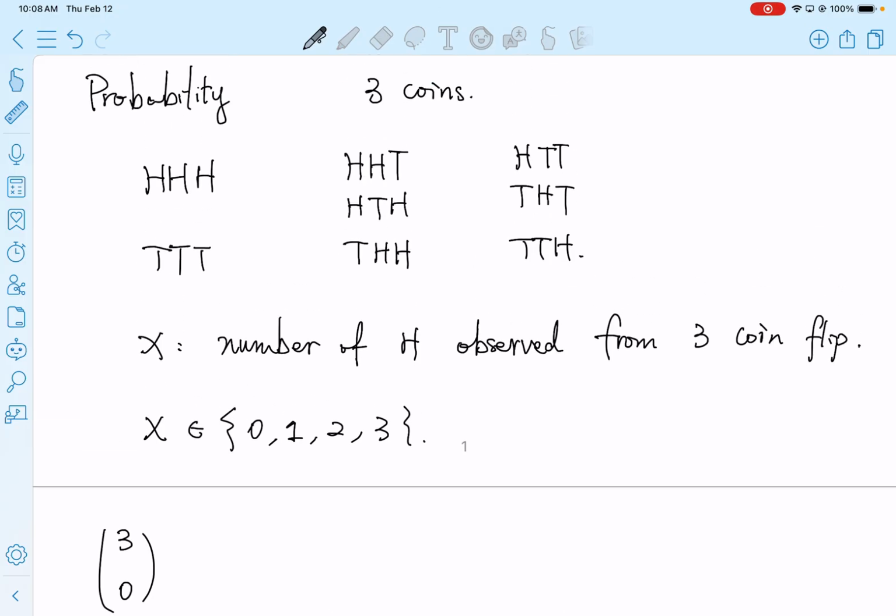So out of those 8 scenarios, there's only one of them that satisfies the condition. And this counting mechanism will give us the number of cases out of the 8 outcomes, how many of them satisfy that there are 0 heads.